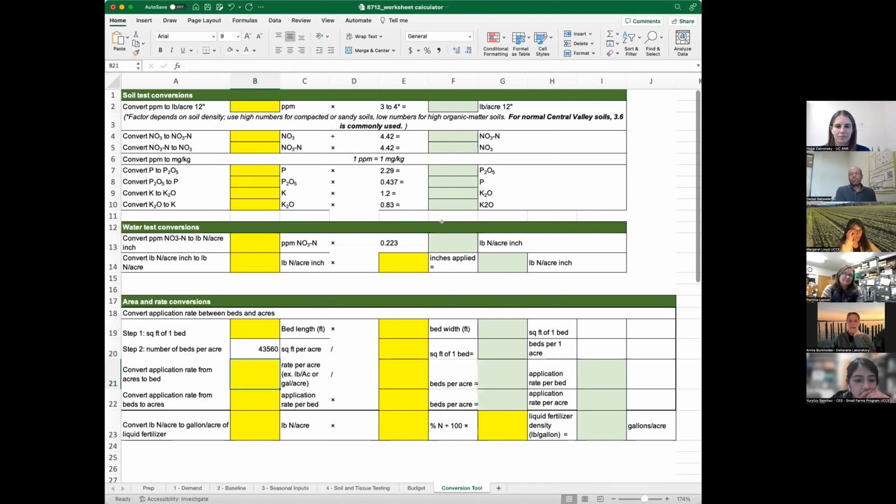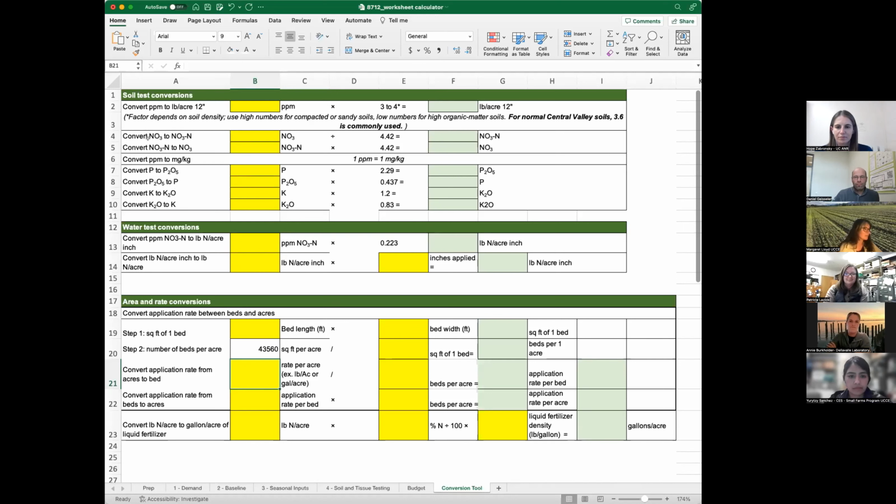And so I'd like to first bring your attention to this conversion tool. Patricia was instrumental in developing this, but really this is a summary of how to access some of these quick conversions. Some of my favorites that are hard to find are, as mentioned, not all soil tests report the same thing.